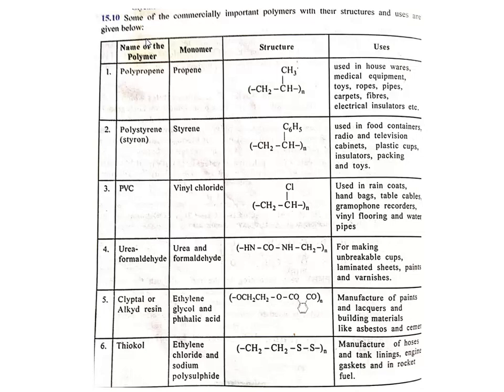You can just go through it. I have given polymers like polypropene, polystyrene, PVC, urea formaldehyde, glyptal or alkyd resin, and others, with their monomers, respective structures and uses.